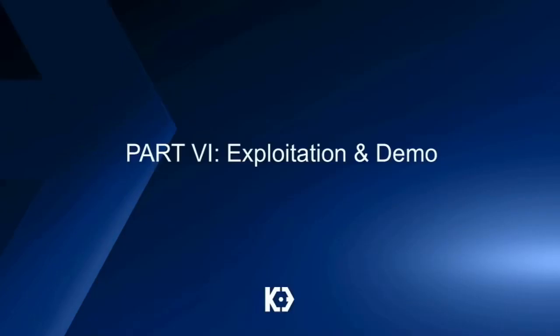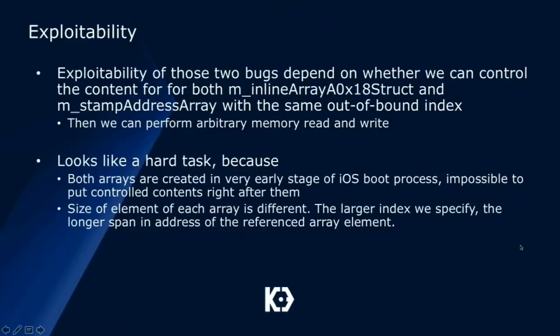Okay, so after the bugs have been explained, let's look into the exploitation. The exploitability of those 2 bugs depends on whether we can control the content of both M inline array and the M stamp address array. We need to control the content of both of them. It looks like a very hard task.